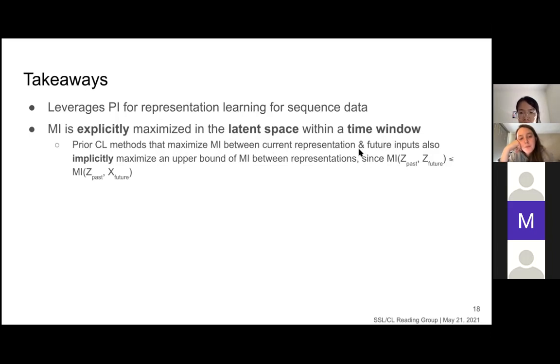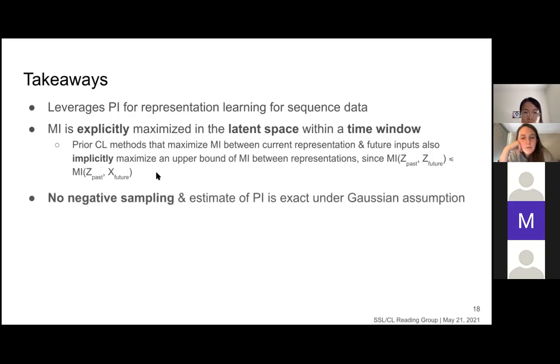So they say that these methods actually also implicitly maximize an upper bound of MI between the representations, because the mutual information between the latent representations can only be smaller than the mutual information between the Z past and X future.